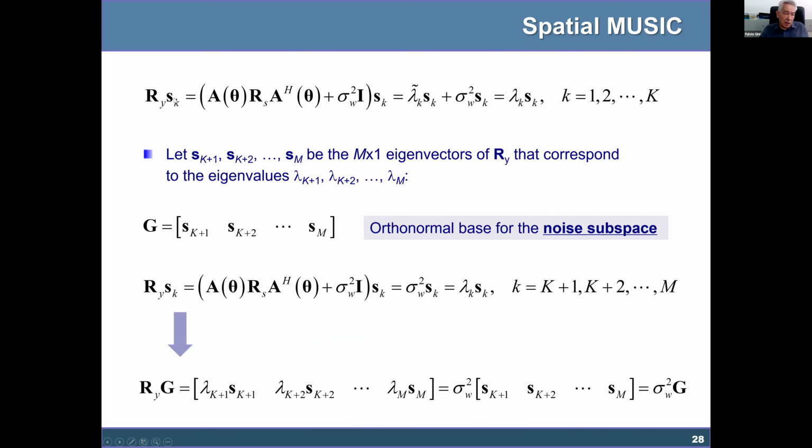So if you multiply the covariance matrix by one of the signal eigenvectors, what you get is the associated eigenvalue times Sk. This is the definition of eigenvector and eigenvalue.